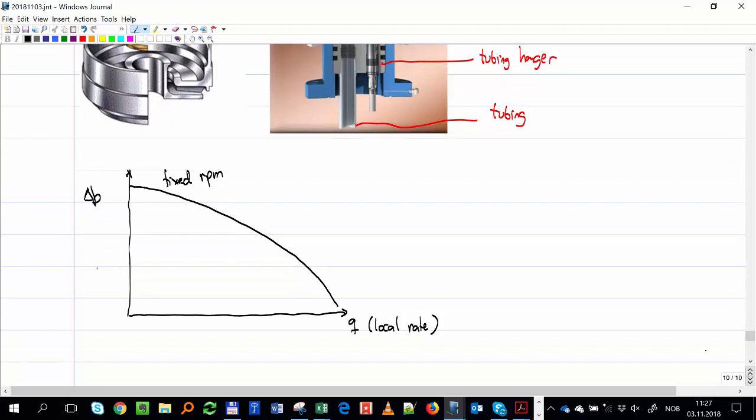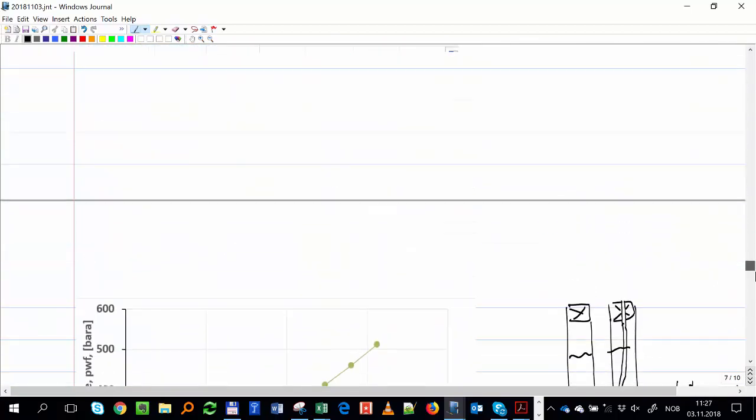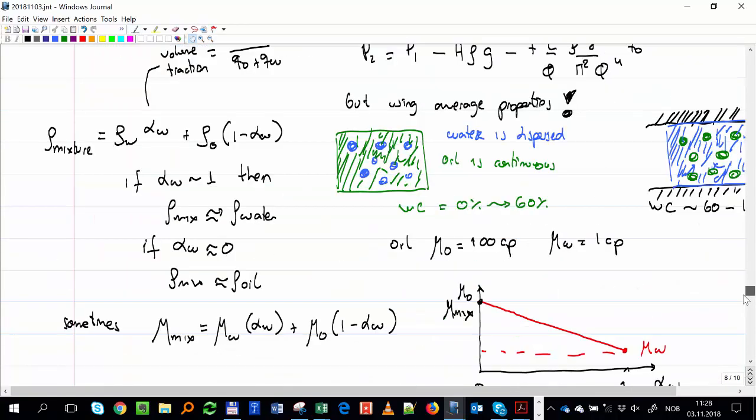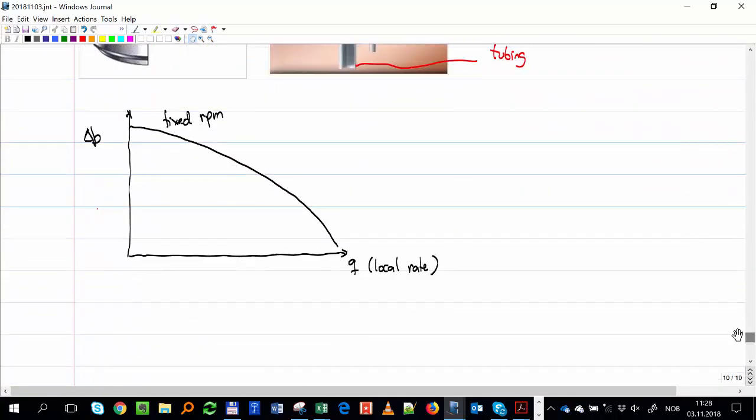Now, in the example we did, we said we need this rate with this delta P. So you can come to your plot and say Q required, with some delta P, and you see you're not going to fall exactly on the line. For that case, we normally are able to change the frequency of the pump, change the RPM of the pump.